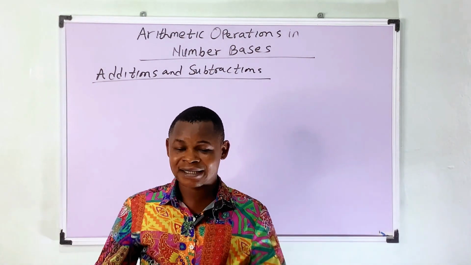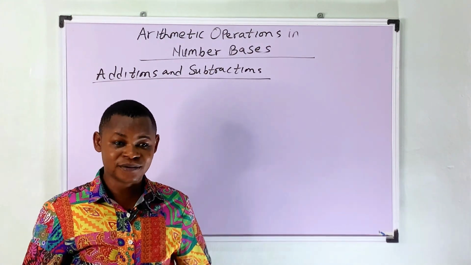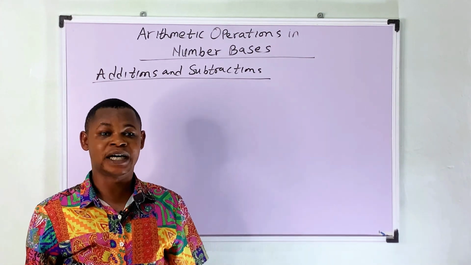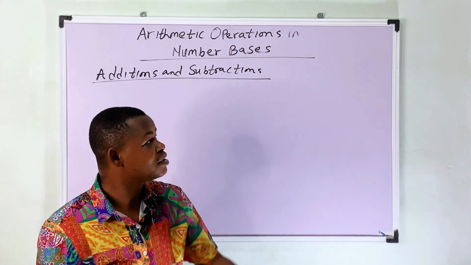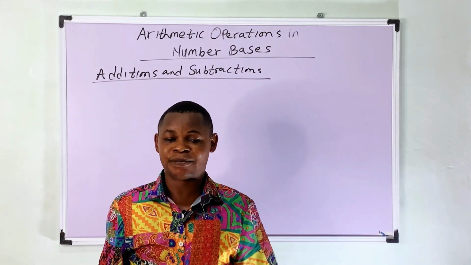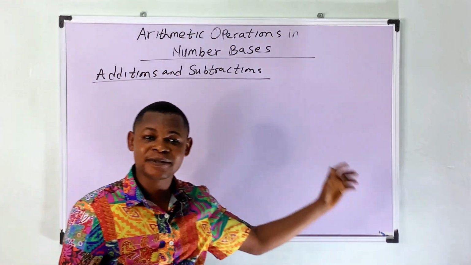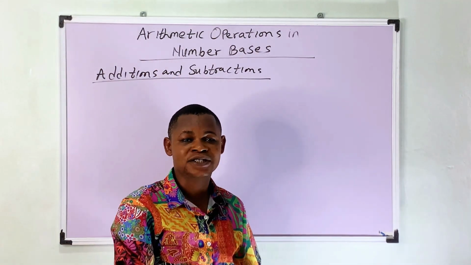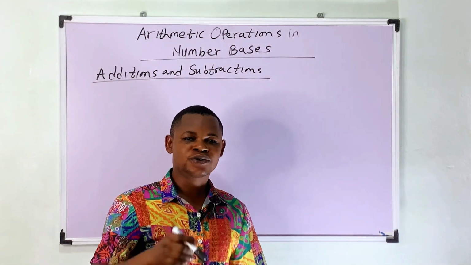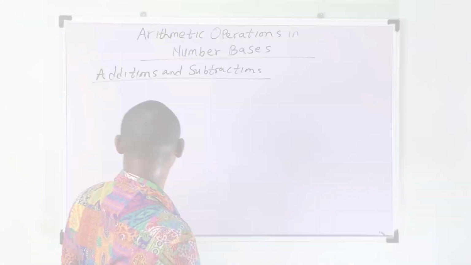It is quite simple, but it is quite unfortunate that many of us, even graduates, were just fortunate that the exams they've written didn't touch some of these questions. And I'm telling you, many people find it difficult to solve arithmetic operations in number bases other than 10 and 2. Today, I'm going to demystify this for us. Let's get started.